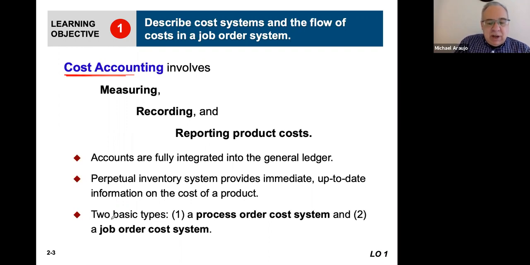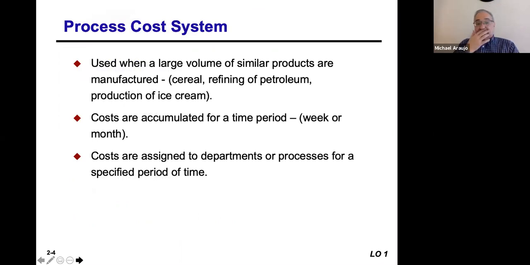There are two different basic types of systems that are used for costing out a product. The first one is called a process order cost system, and the second is a job order cost system. Obviously, this chapter is focused on that, but they do give you a basic introduction of the process cost system.